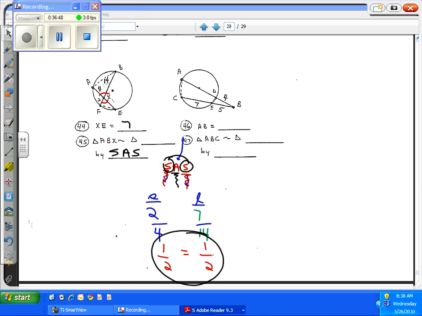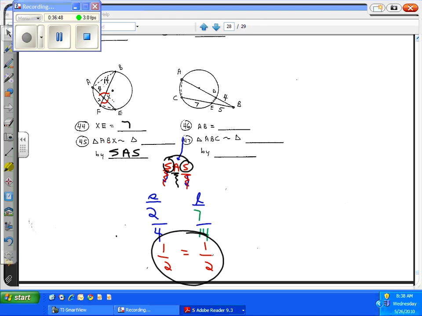See, these are the sides that make those vertical angles. So small of the one on the little triangle goes with small of the one on the big triangle. Large of the one on the small triangle goes with large of the one on the big triangle.